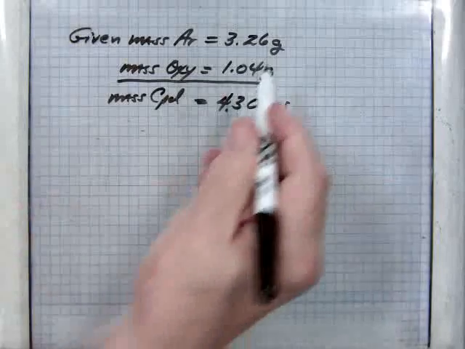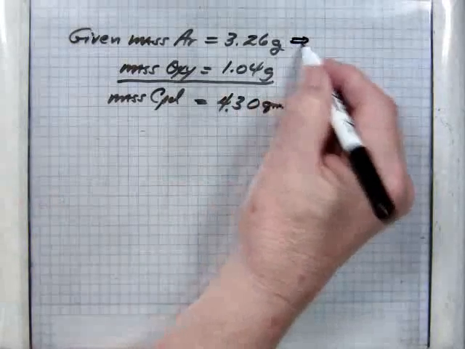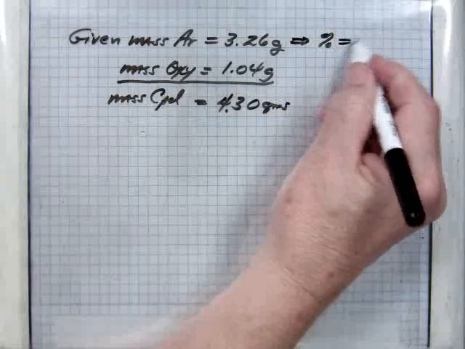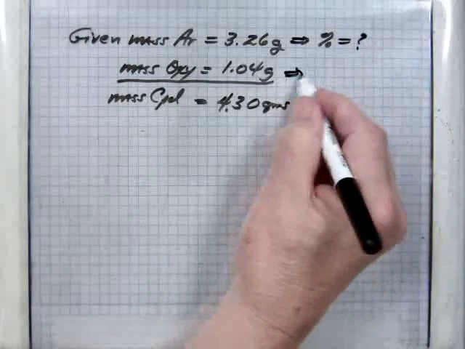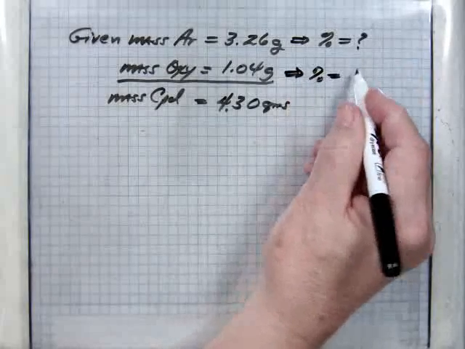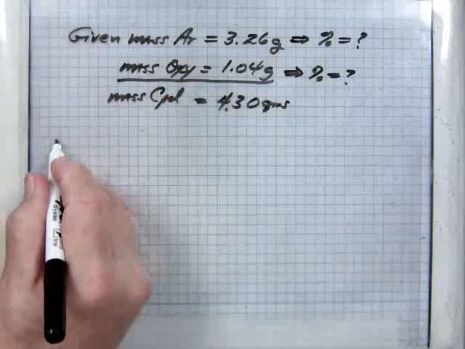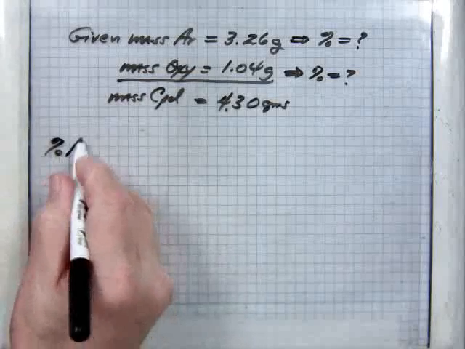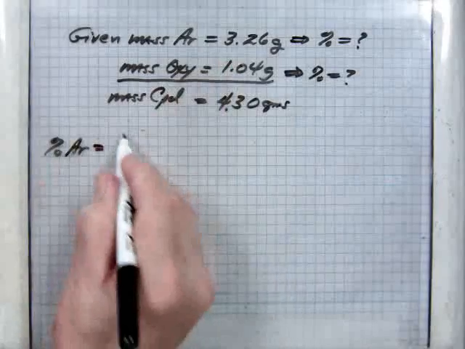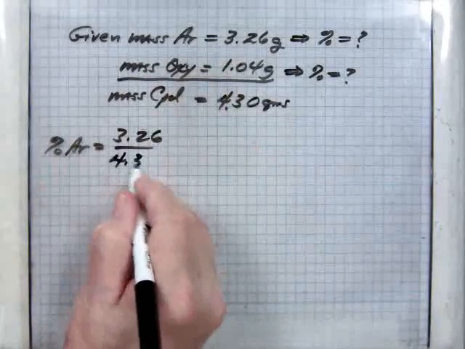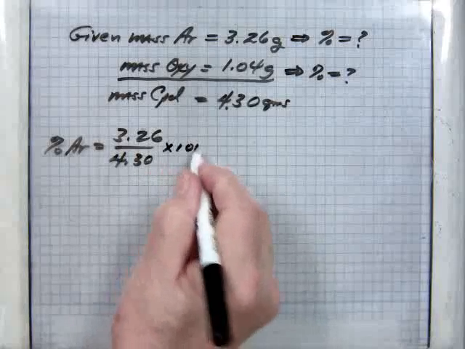Well, I need from here, what's the percent hundredweight of arsenic, and what is the percent hundredweight of oxygen in here? Well, how do you get that? The percent of arsenic is 3.26 over the mass of the compound, times 100%.